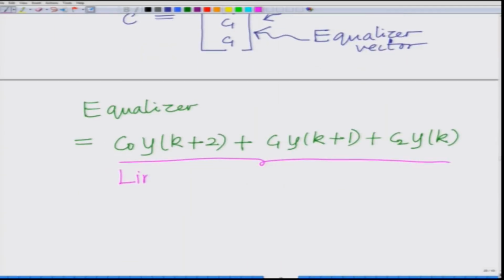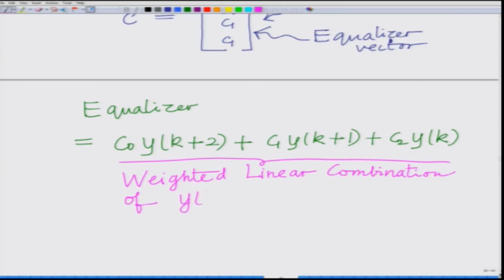This is your weighted linear combination of the outputs yk plus 2, yk plus 1 and yk.